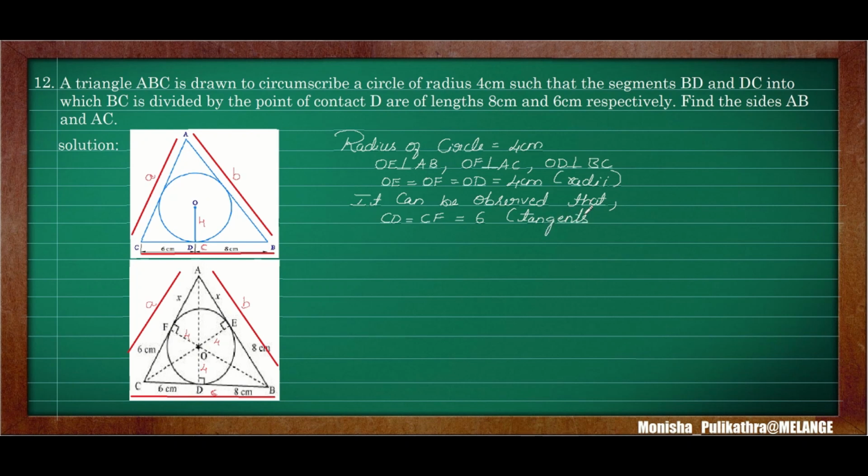So both are tangents. Next, BD is equal to BE. Again, it will be equal to 8 centimeters. Again, these are tangents. So next, AF is equal to AE. The value is not given, so let it be x itself. So these two are also tangents.